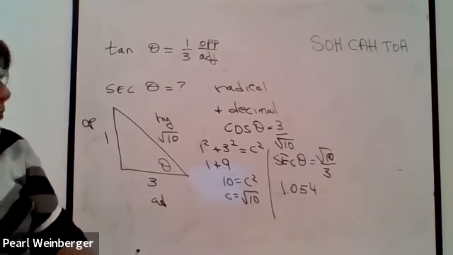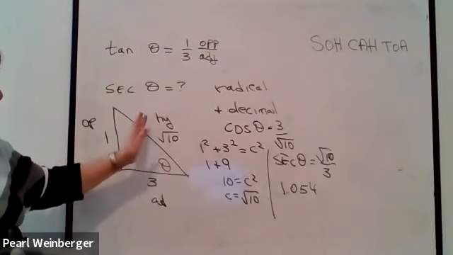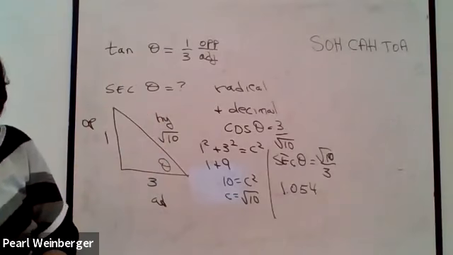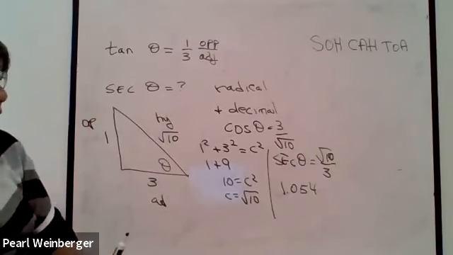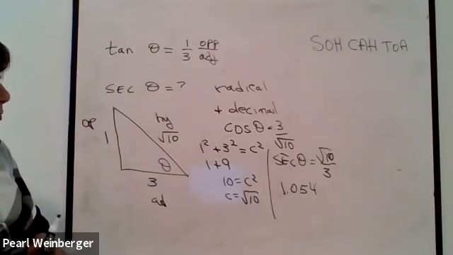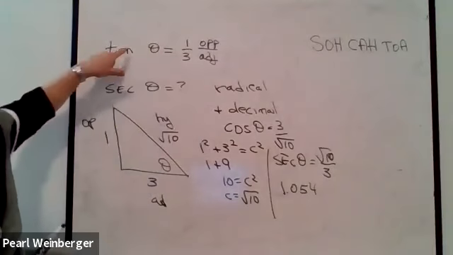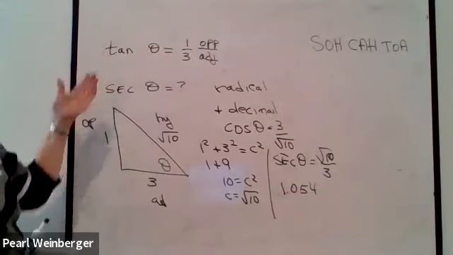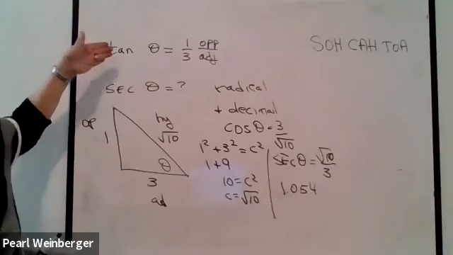Again, we did talk about how to find the angle if we know the trigonometric functions, but that's not part of this course. You don't have to do it for this course. But if you wanted to, let's say you could, since you know that the tangent is 1 over 3, you could just go on your calculator and do second tangent.